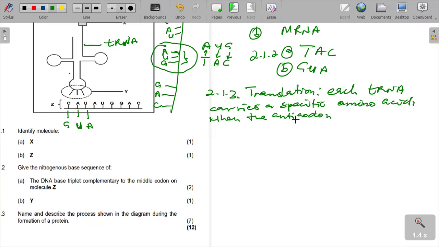When the anticodon on tRNA, like in this case, for example GUA, matches the codon on mRNA.